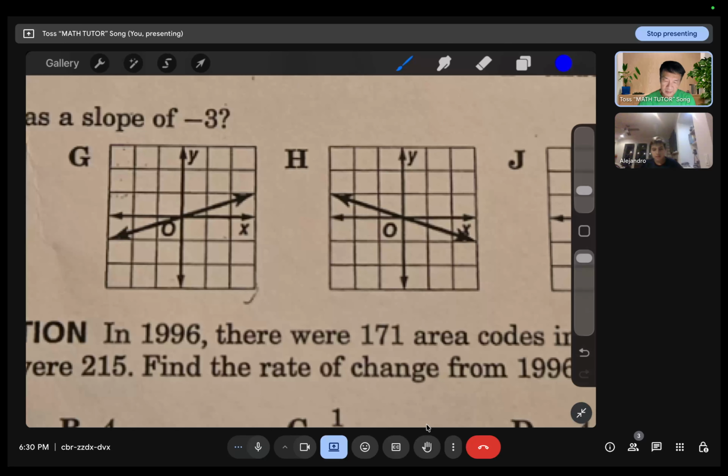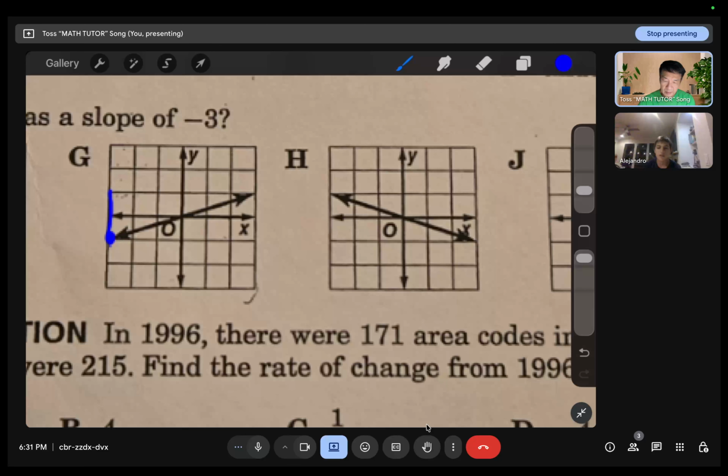So we learned in class that it's rise and run. Okay, where do you want to start to rise and to run it? I'll start there where you put it. Okay, and how are you going to rise it?